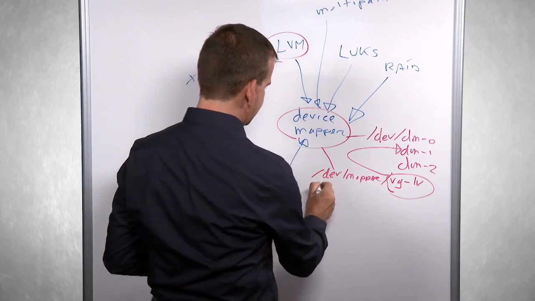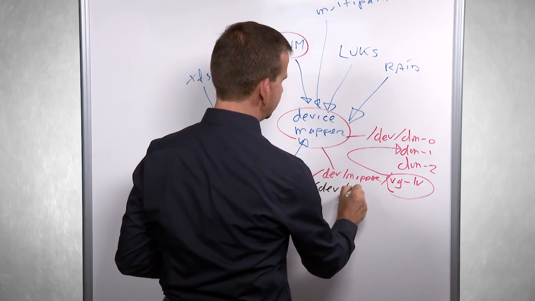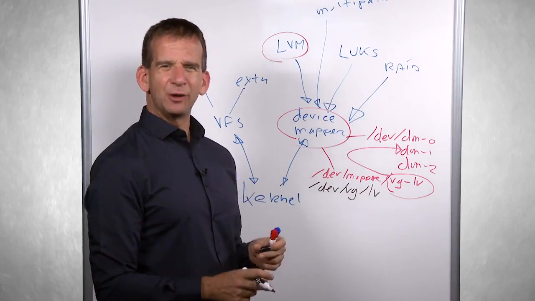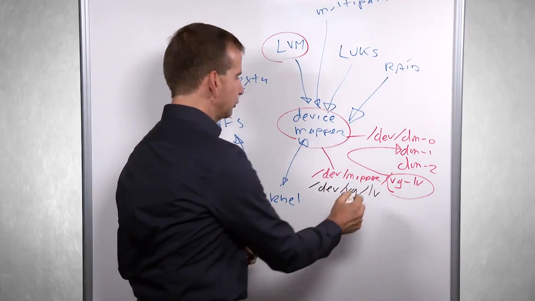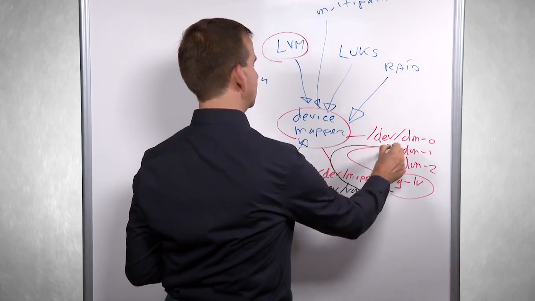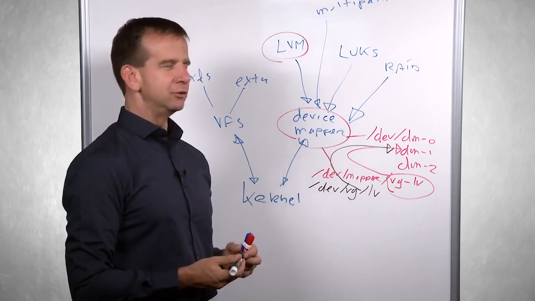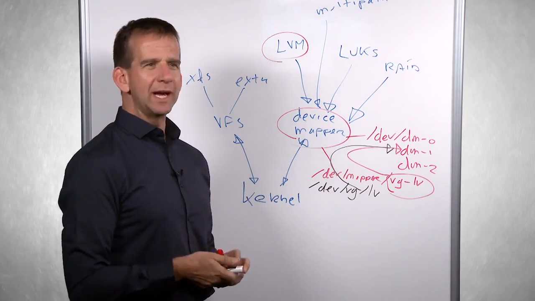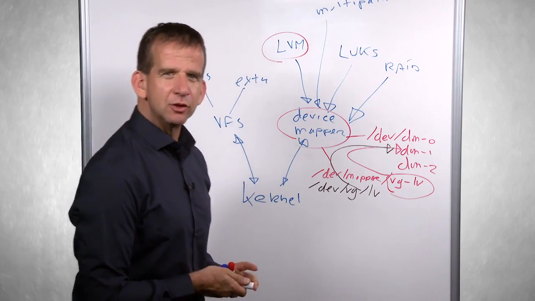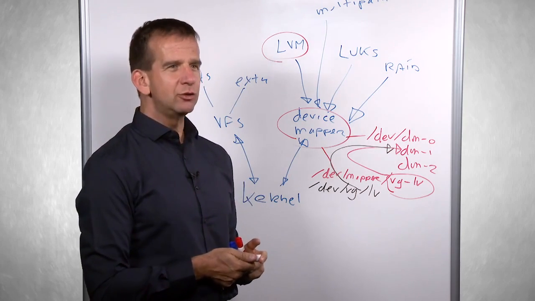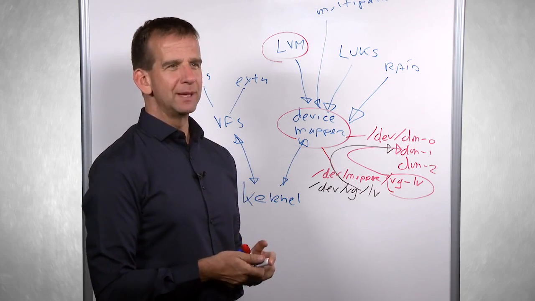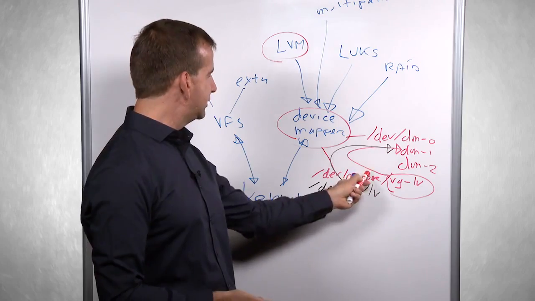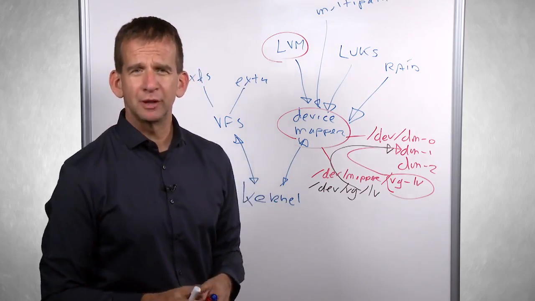And that is the naming /dev/vg/LV. This is a name that comes from the LVM subsystem, and it also provides a symbolic link that goes to the same device mapper device. So in the end, the device mapper makes sure that you get your LVM devices and you get no less than 3 different ways of referring to a specific LVM device. And as an administrator, you should be aware that all 3 of these names basically refer to the same device.